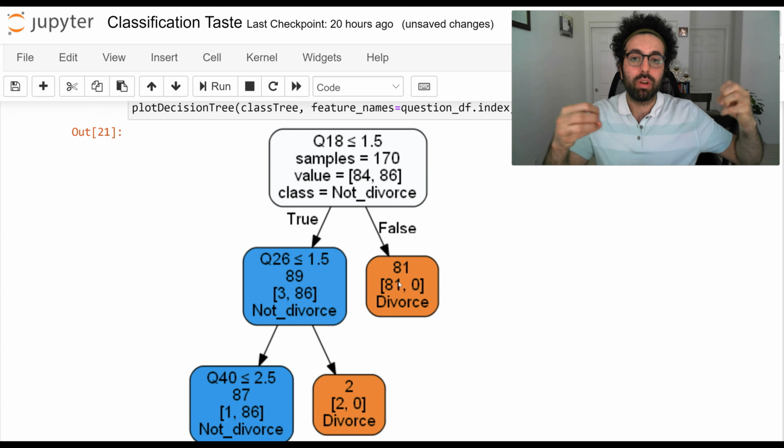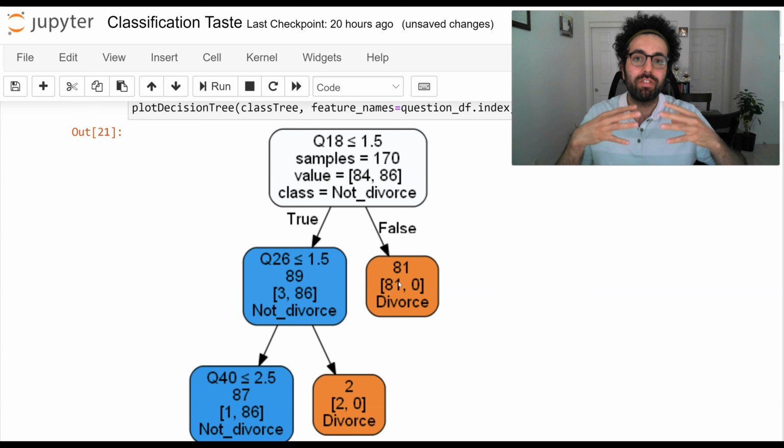Based on this relationship, the decision tree gives you an idea of what's happening between these couples. So now you basically fit this model to this data.